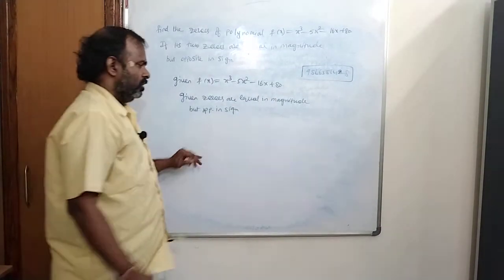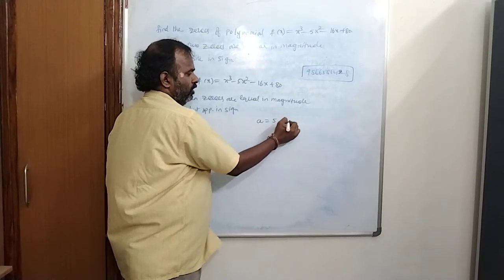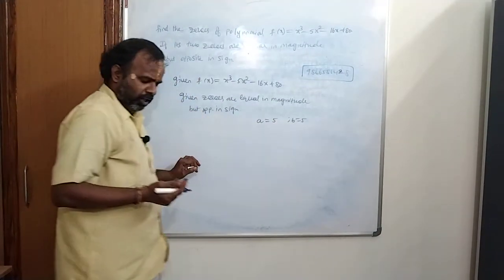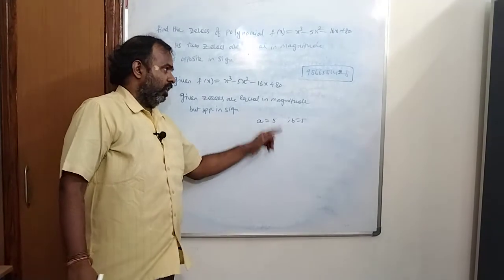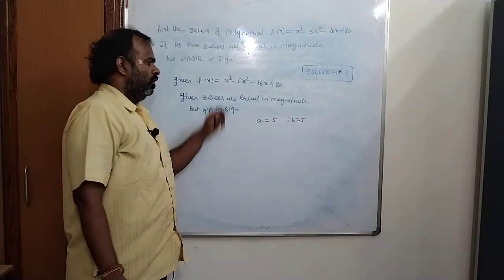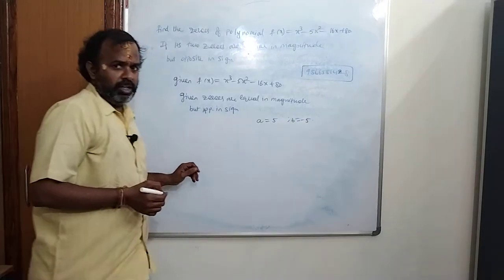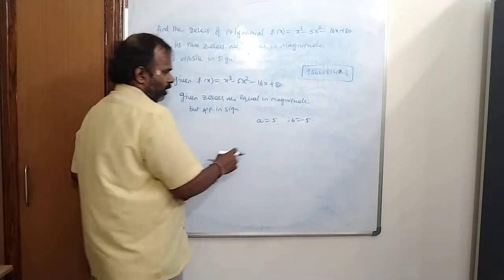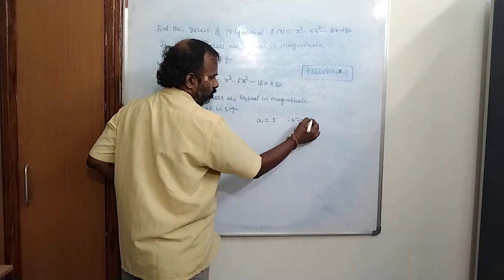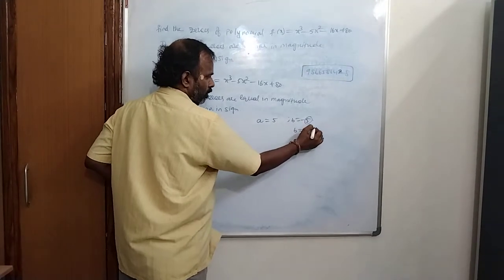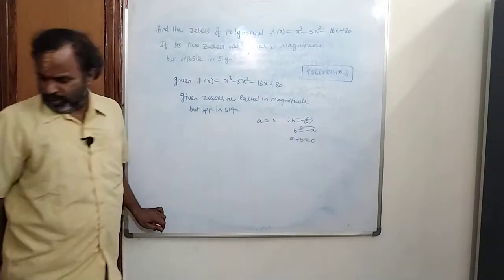Opposite in sign means, say if you take two values, a is equal to 5 and b is equal to 5, both of them have the same value, but according to the condition they are of opposite sign, so minus 5. So in the same way, a plus b will be equal to 0.